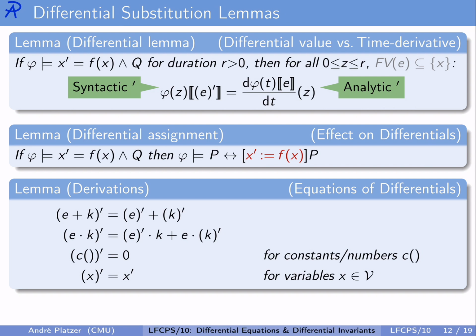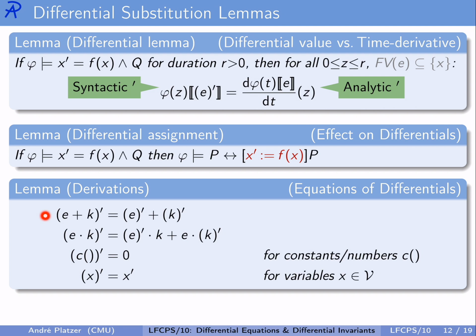And all of a sudden, in addition to having understood the effect on differentials, in addition to having written in the differential lemma the relationship between the differential value and actual analytic time derivatives, we can also make sense of what these were.